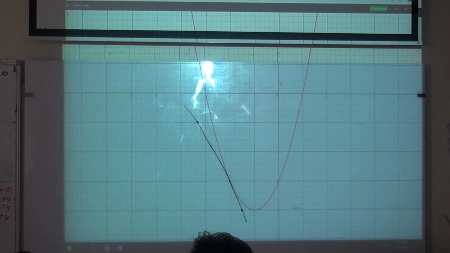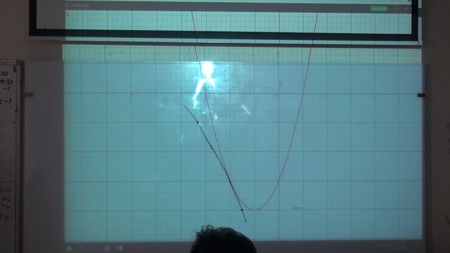You plot a line. Just tell me what I plot. I need 0.5x, and I also need minus 1. And that is what I will do to the other side too. So this is x squared plus 2x minus 3, and this is just 0.5x minus 1.